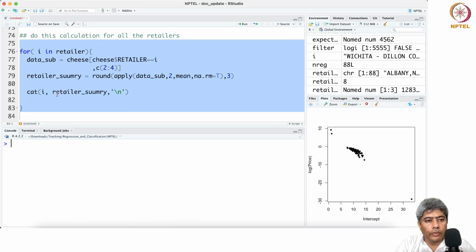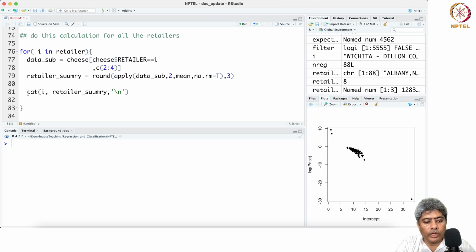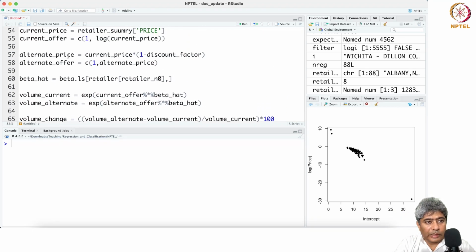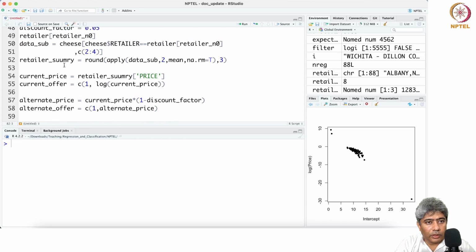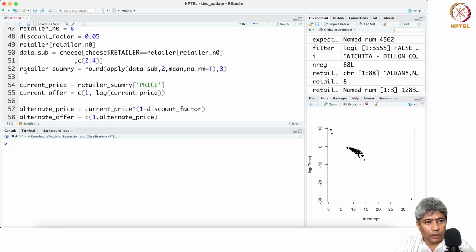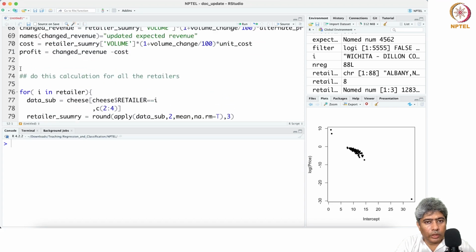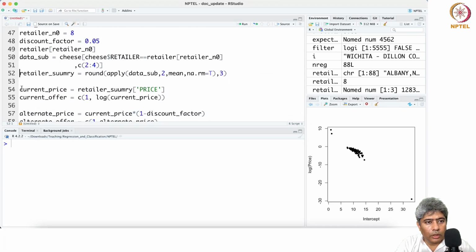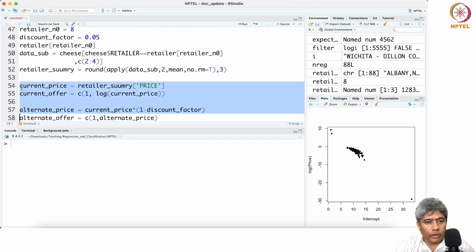All right, that's happening, that's fine. So now what we have to do, we have to just take the current price. Retailer summary is done, right? And then we have to just take current price.